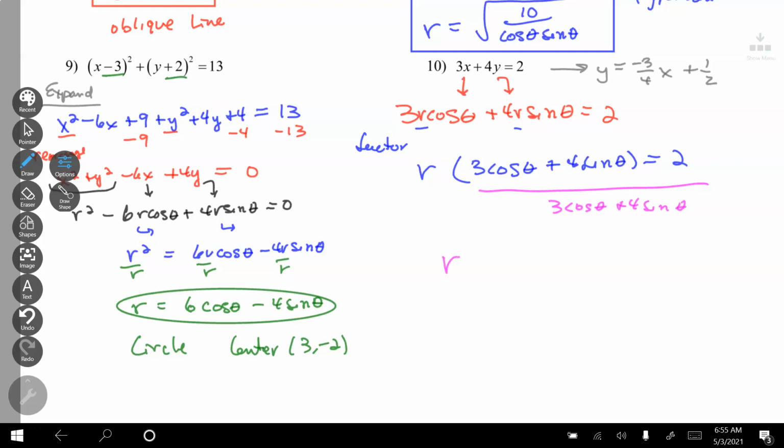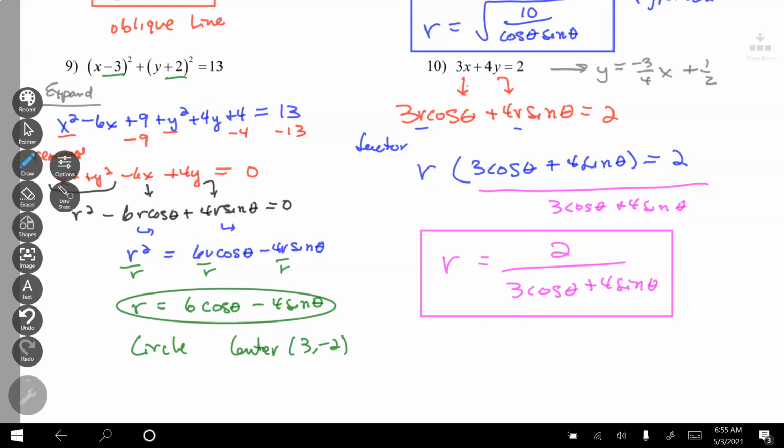And when I'm done, I have r is equal to 2 divided by 3 cosine theta plus 4 sine theta. And we already said that this is a linear equation. This is an oblique line. That is a slope of negative 3/4 and probably has a y-intercept of positive 1/2.